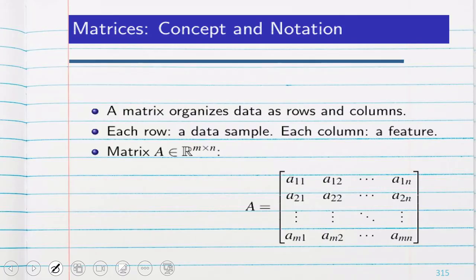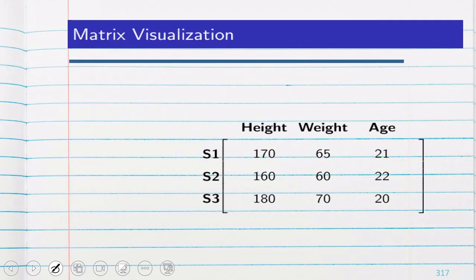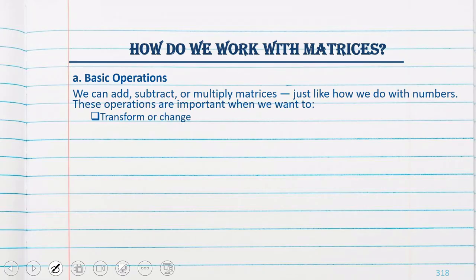Matrix means there will be rows and columns. Each column is a feature. R is an element of R to the M by N. Tabular data. So 3 features are there, 3 columns are there. How do we work with matrices?